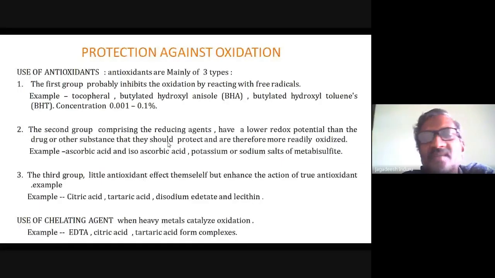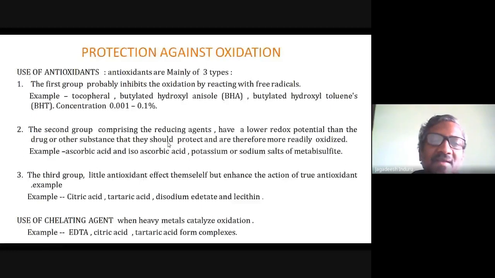Then what will happen? Your drug is protected. Similarly, potassium and sodium salts of metabisulfite, sodium metabisulfite and potassium metabisulfite. These are all GPAT questions. How is potassium metabisulfite working as an antioxidant? It is acting as an antioxidant by the sacrifice method. It sacrifices itself to protect the drug.